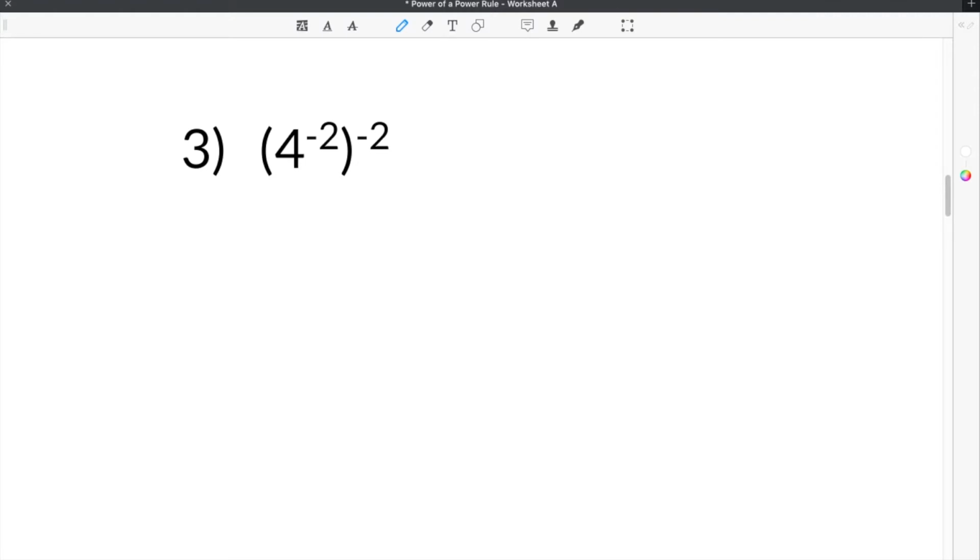The last problem we're going to go over gives us negative exponents. So we have 4 to the negative 2nd raised to the negative 2nd power. We already learned that anytime that there is a parenthesis in between two exponents, that means to multiply. We're going to keep the rule the same. So even though we have negative exponents, we're still going to multiply the two exponents together.